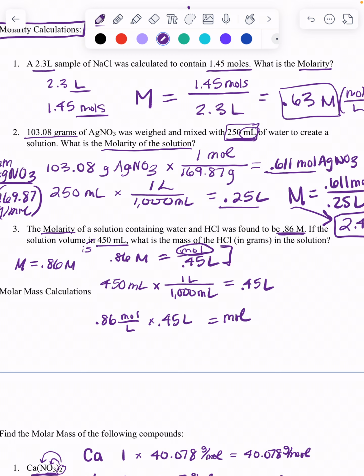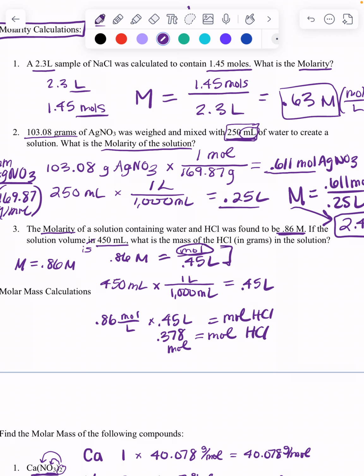However, I still need to multiply on this side, and that will give me my number of moles of HCl. So 0.45 times 0.86 equals 0.378. And this is moles. So I have 0.378 moles of HCl.